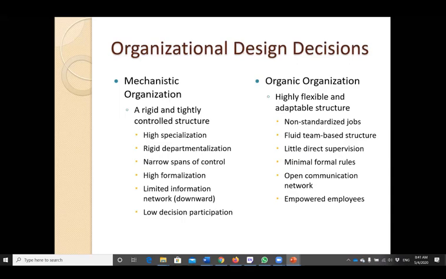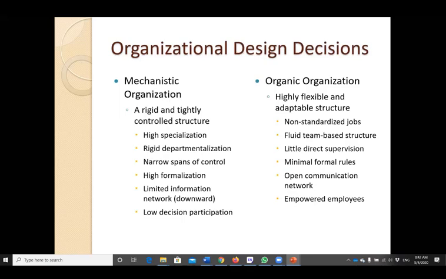They are opposite, right? Mechanistic, it's rigid. And organic is something more flexible, right?